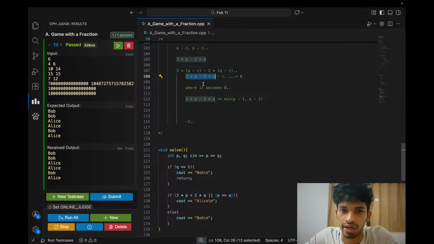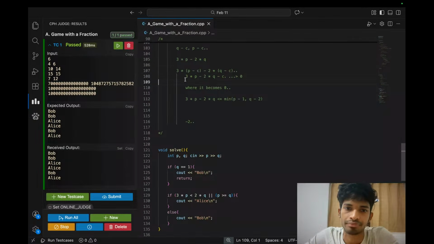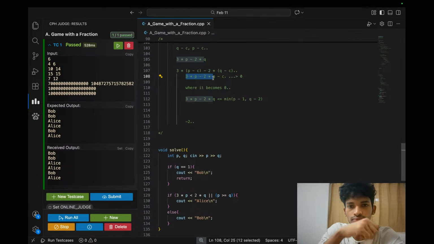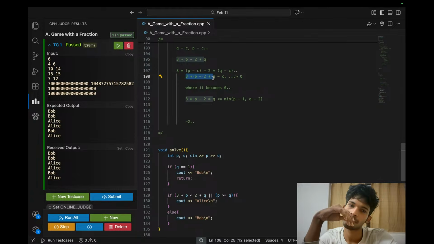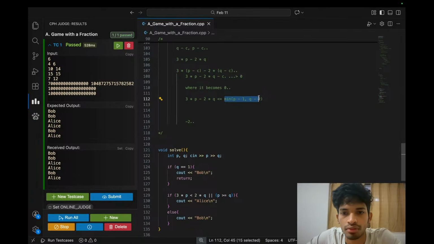Those things have been removed, right? So is this the tight condition then?